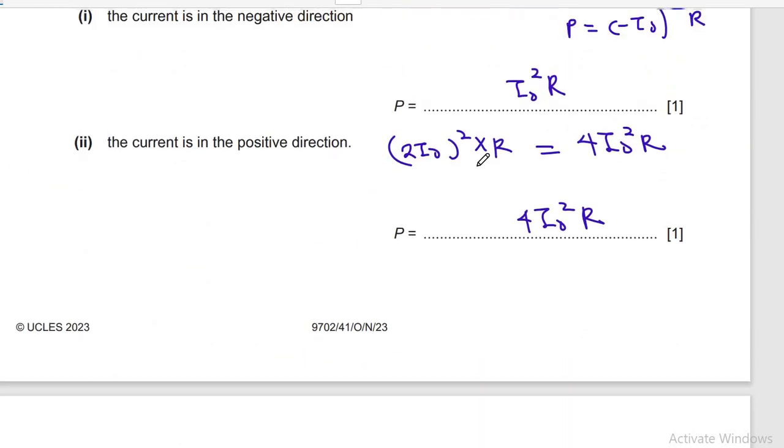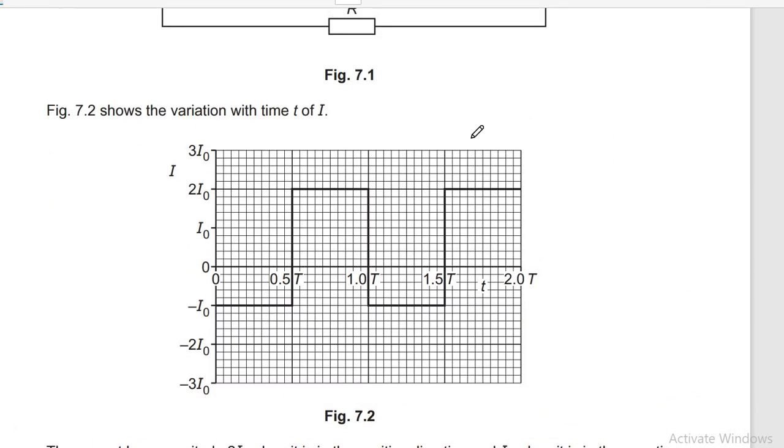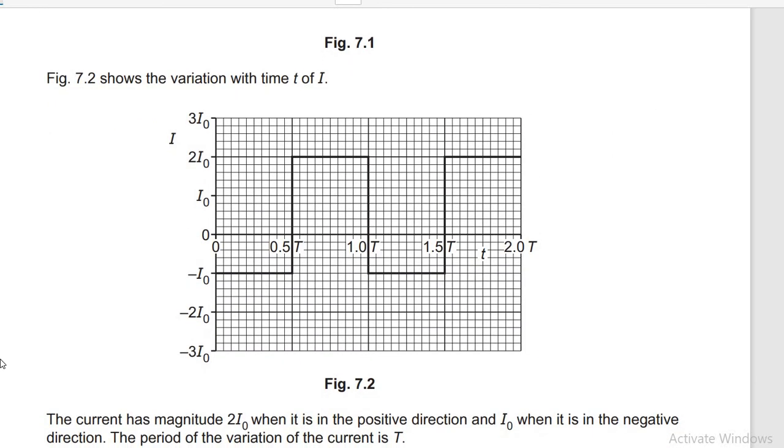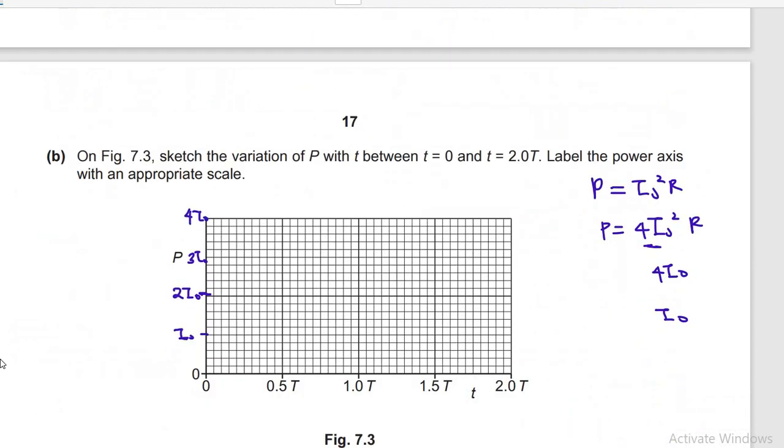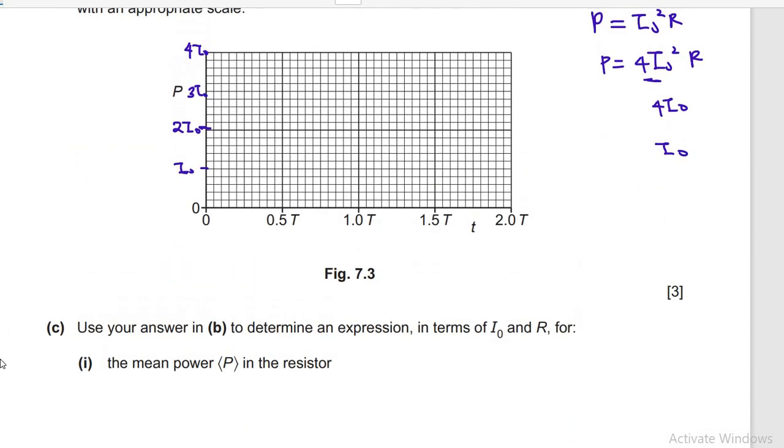Now, the first graph, negative I0 is from 0 to 0.5. So for power, you have square, it is now positive. So no negative from 0 to 0.5.